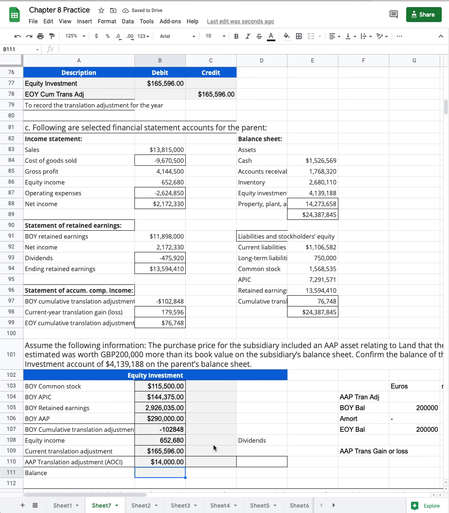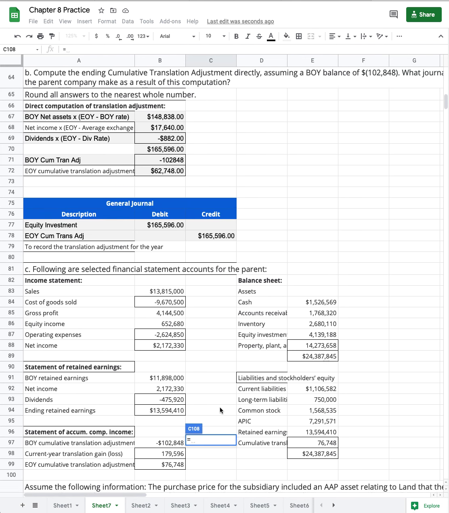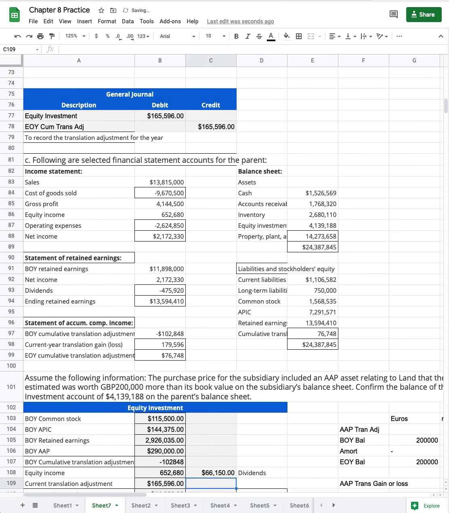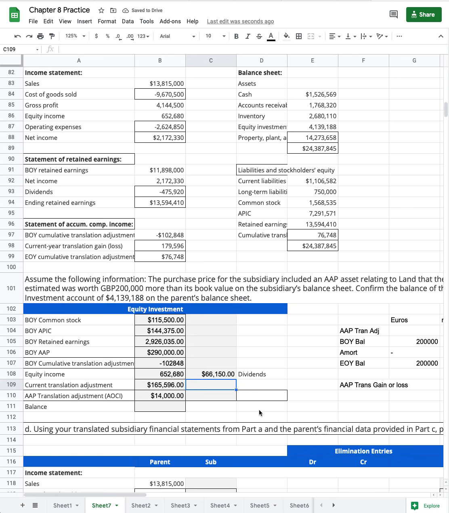All right, and then we just need to grab dividends. And we'll put the negative sign so that it pulls down in the positive. And so we can do here our sum and then subtract out our credit, and we get that 4,139,188.